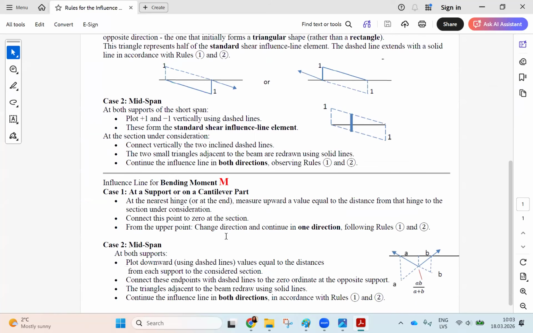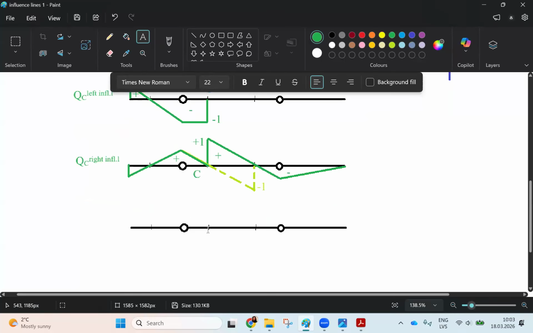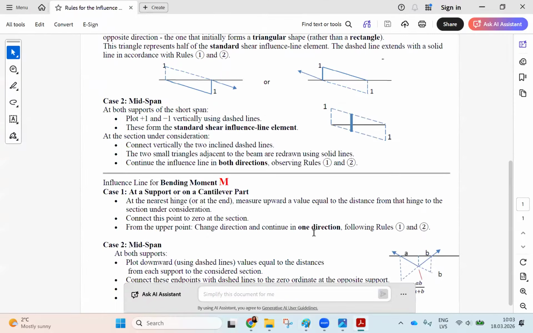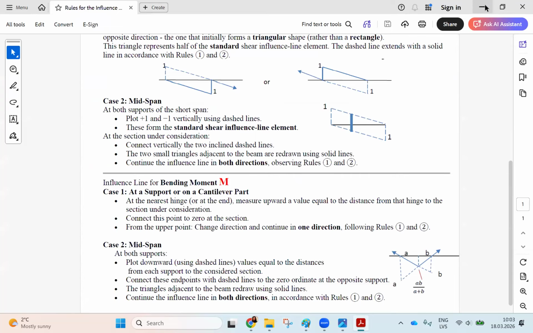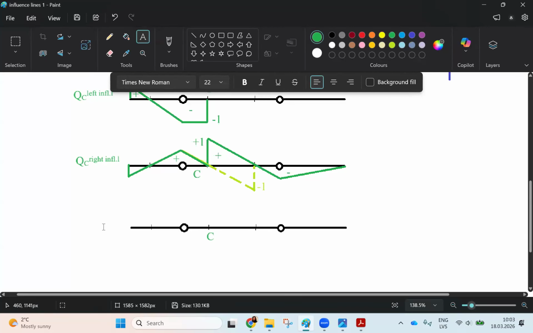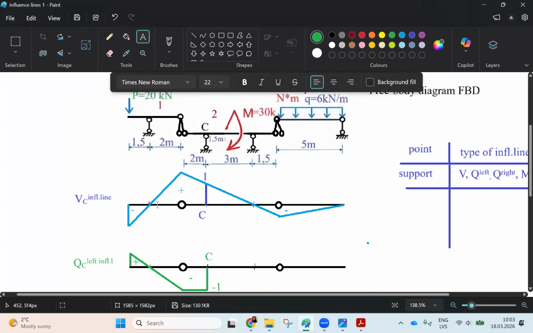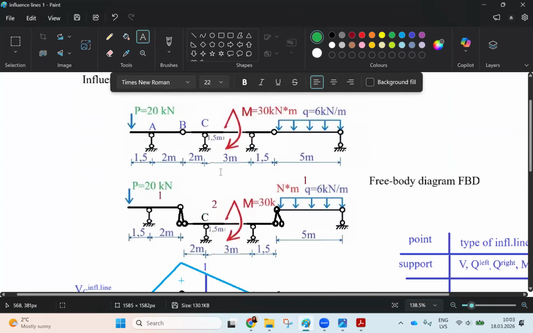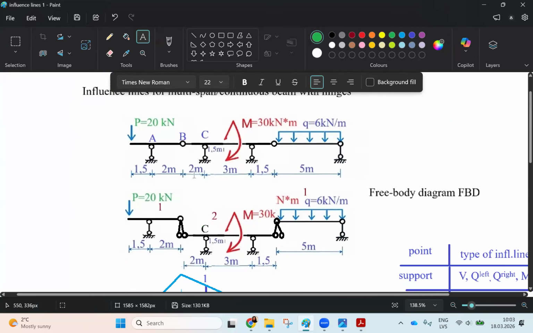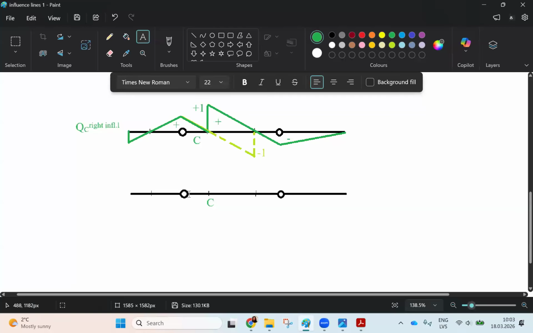We draw at the beginning upward from the x-axis, and we want to go to the left or to the right. In case number 1, we go in only one direction, to the nearest first place. That's why we need the distance, it's 2 meters here.